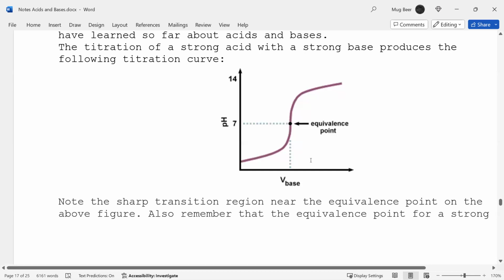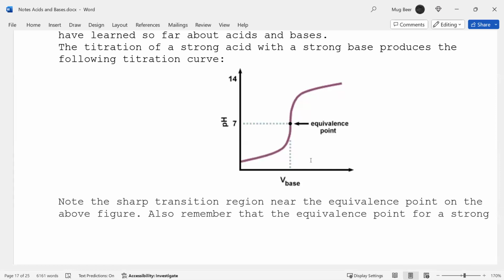Mathematically and graphically, does that equivalence point have a name that you guys remember? What's the difference between the curve on the way to the equivalence point as opposed to on the way away from the equivalence point, if I'm moving left to right?